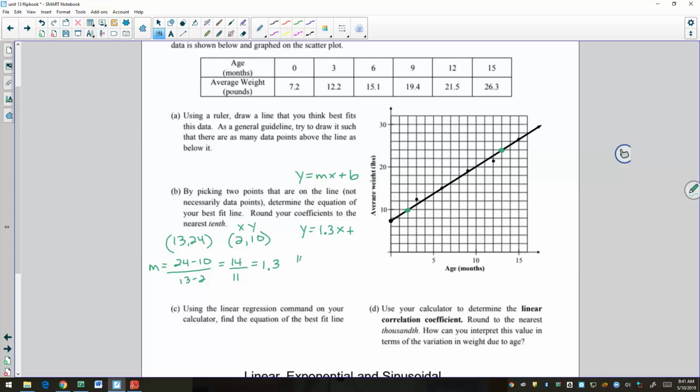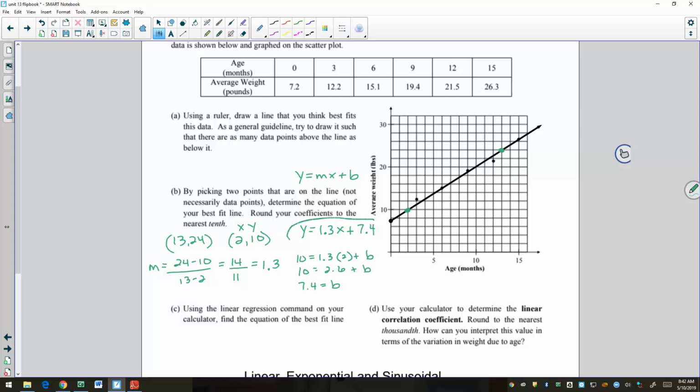So that would be 10 equals 1.3 times 2 plus b. I don't know what b is. So 1.3 times 2 is 2.6. And then if we get b alone, if we subtract the 2.6 over, that's 7.4. So now I know that my y-intercept should be about 7.4.